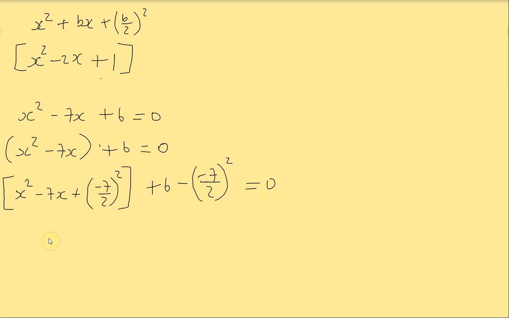Now what I didn't mention from the example given above is that with a perfect square this could be written as just x minus 1 all squared. Now the minus 1 comes in when you half the middle term.